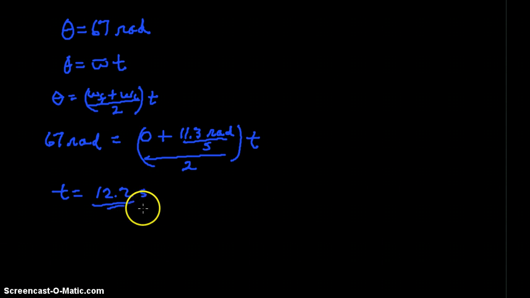So just when you're working physics problems, if you get a negative time, then you probably did something wrong. So that's a good indication we're on the right track, in that we got a positive time. So then you can solve this equation. Well, I made a mistake here on the equation.